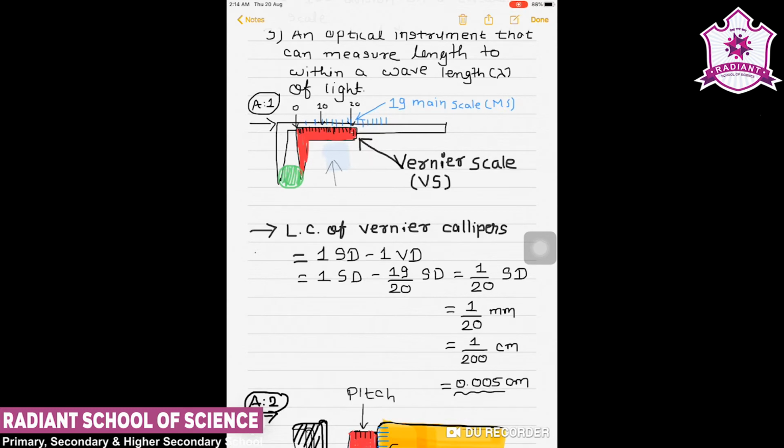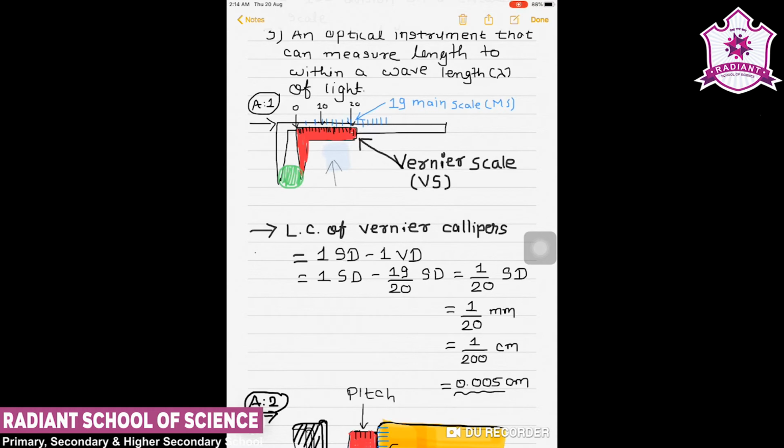This red one is called the vernier scale. So 1 division on the vernier scale with respect to this value is calculated. We have a particular value. How do we calculate it? It is generally in terms of millimeters, with 1 SD being the main scale and 1 vernier division. How do we define this? We can say it is the total number on the vernier scale and the number which coincides with the main scale. So the actual equation is main scale upon total divisions.